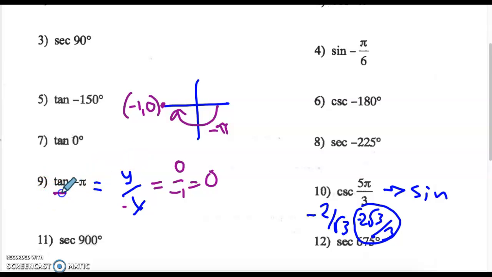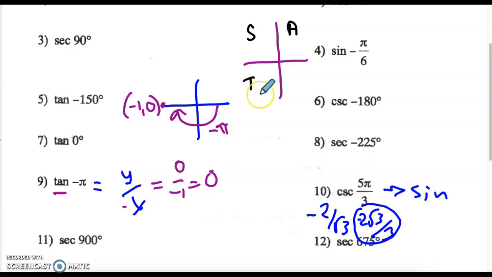And now that we've talked about tangent and sine and cosine, there's one other thing to keep in mind very quickly. In this quadrant, all of your trig functions are positive. In this quadrant, only the sine ones, which means sine and cosecant. In this one, just tangent and cotangent are positive, and that's because sine and cosine are both negative. And since tangent is sine divided by cosine, the two negatives make a positive.